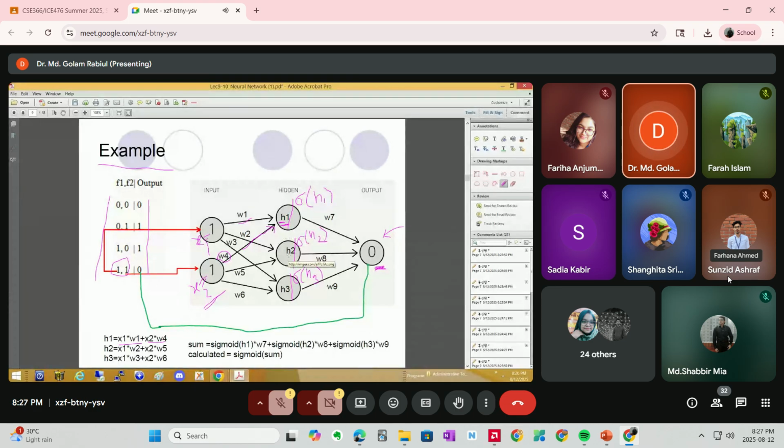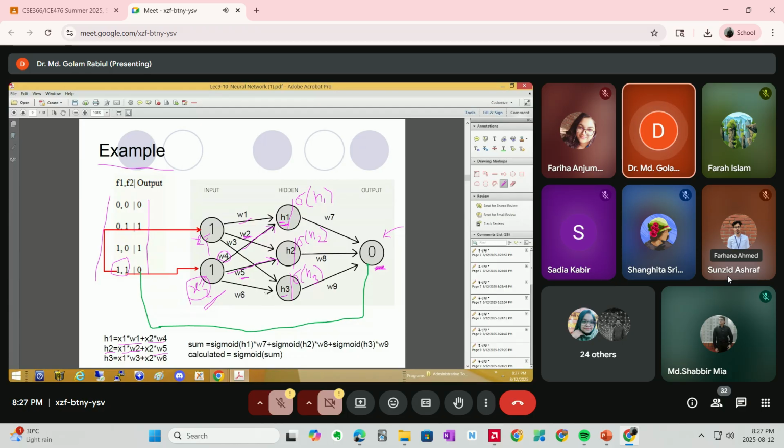Similarly, we need to find H2, the hidden layer sum 2. There is X1 times W2, the weight between input layer neuron 1 and hidden layer neuron 2, that is W2. Here is X1 W2 plus X2 times the weight of this other connection, W5. So X2 W5.